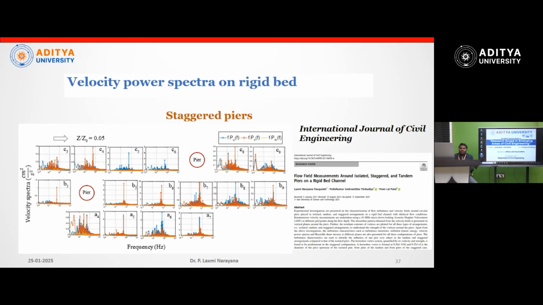The vortex has the highest strength compared to the previous cases of tandem and isolated. And this I communicated to the International Journal of Civil Engineering, which has been accepted. The vorticity and strength of the vortex is very high, so the reviewers accepted that the staggered arrangement gets the highest strength of the vortex.